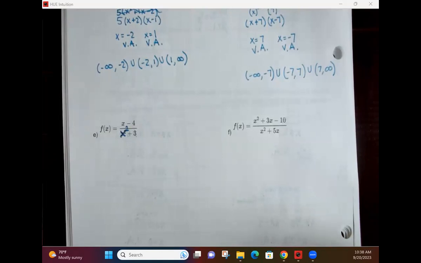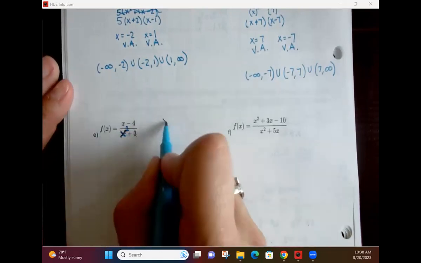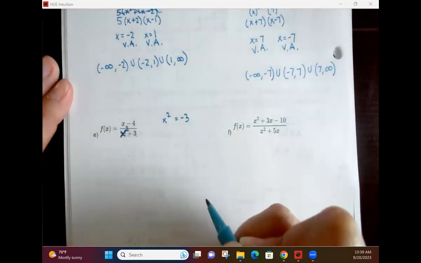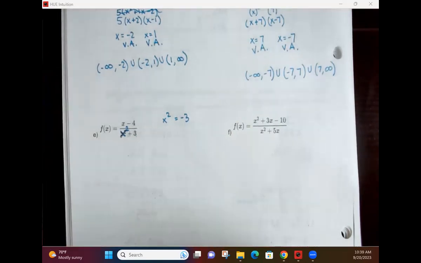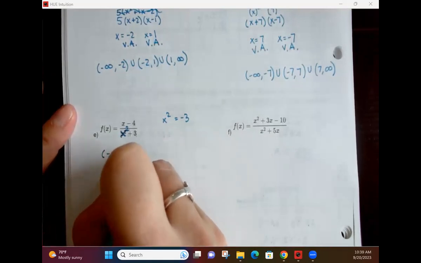I get a positive, right? So I need something that if I square it would give me negative 3. Is there anything I can square to get negative 3? No, no real numbers squared give me something negative. So do I need to exclude anything from the domain here? No, my domain on this one is all real numbers.